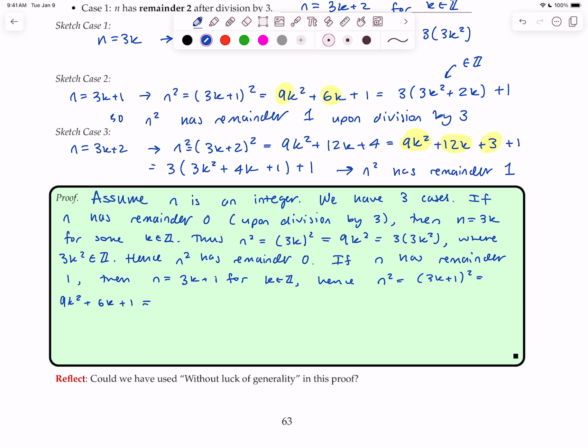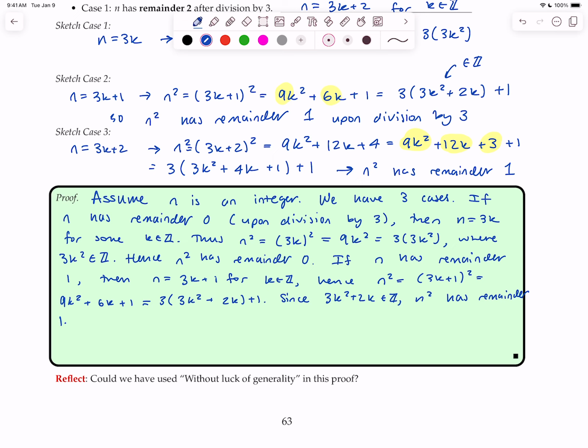And then we needed to pull the 3 out. So we get this stuff right there. And then you could say since the thing in parentheses, 3k squared plus 2k, is an integer, n squared has remainder, what did we get? It has plus 1 on the outside, so it has remainder 1.